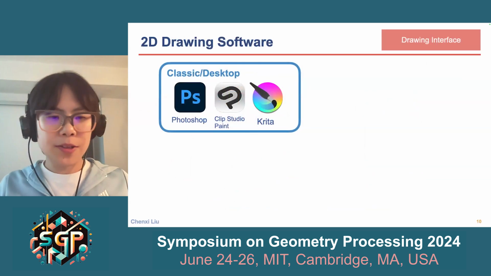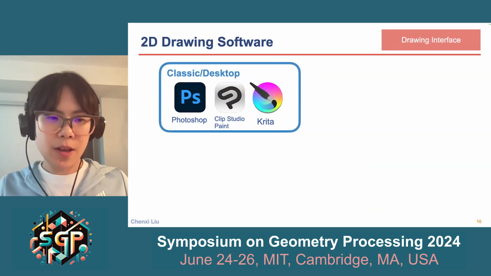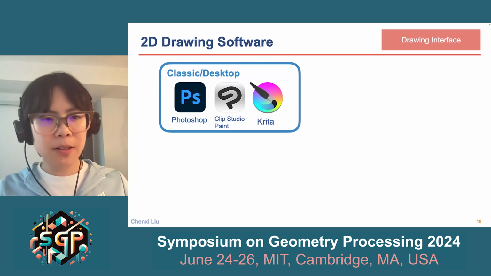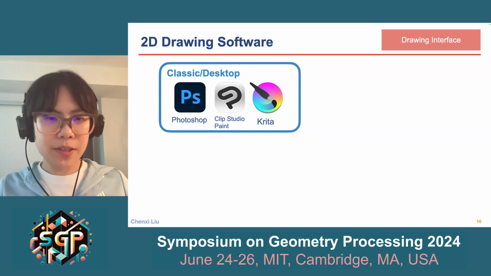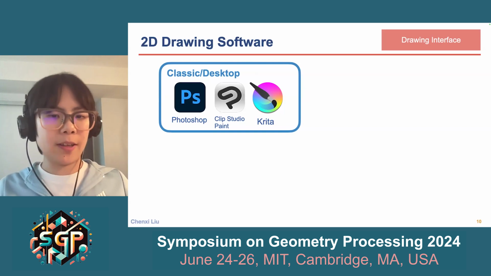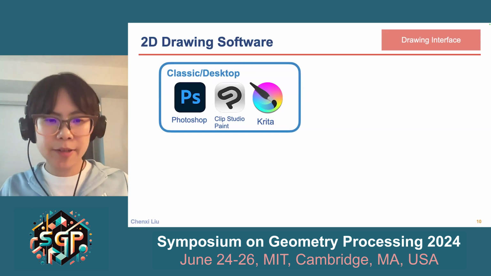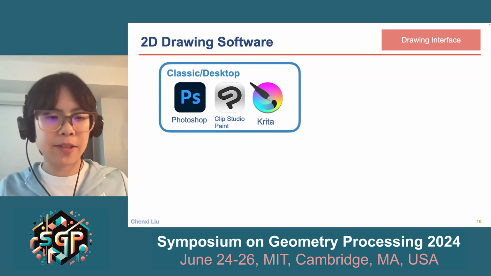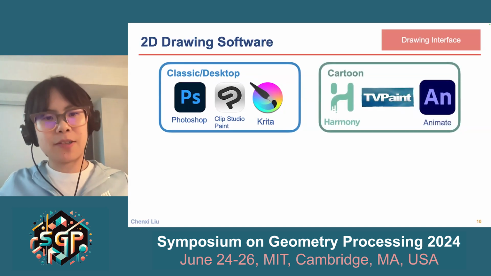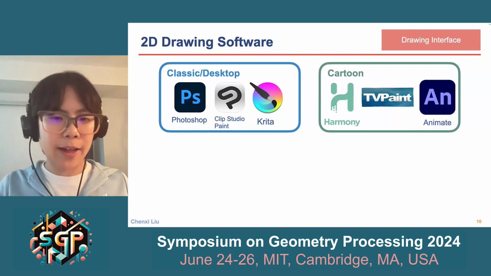Built upon these very basic procedures, we have modern drawing software with some features. So we have the classic drawing software, for example, Photoshop, Clip Studio Paint, Krita. Krita is a free and open source software, and all of them work in the raster space. They share some common features. They support layering, backfill regions, etc. For cartoon production, we have common software such as Toon Boom Harmony, TV Paint, and Adobe Animate.